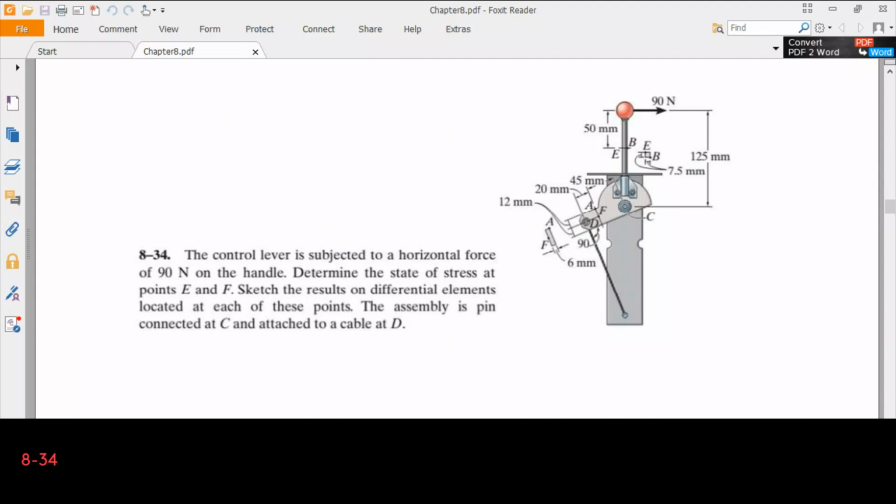Okay, so let's begin by drawing the free body diagram of the handle.